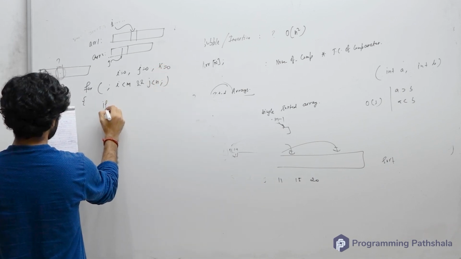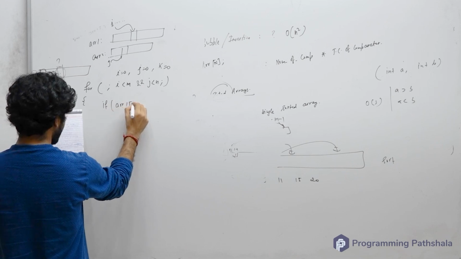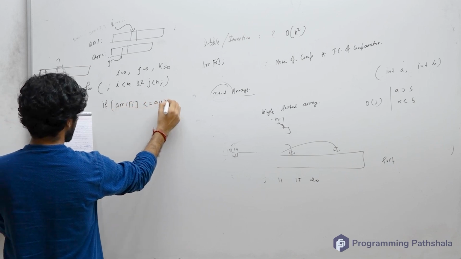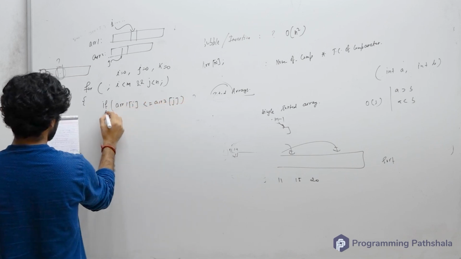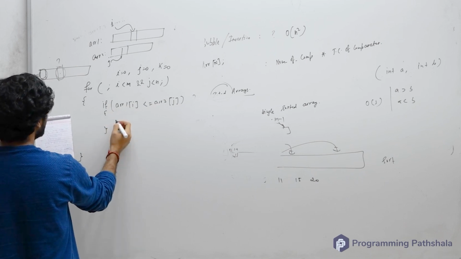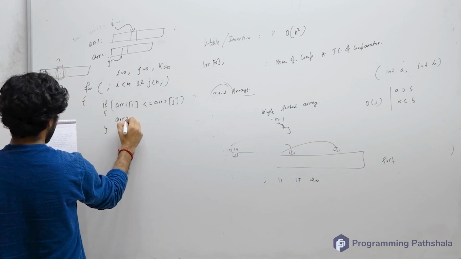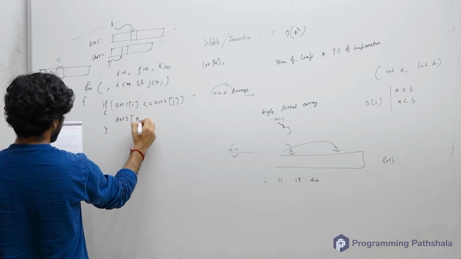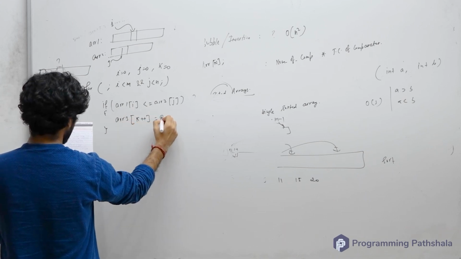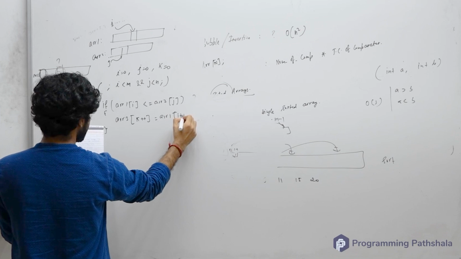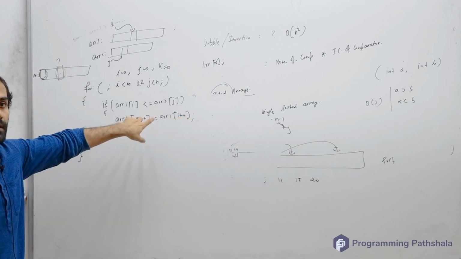And now what you can do is, if array 1 of i is smaller than or equal to array 2 of j, in this case what would you want to do? You would want to place array 1 of i over here. So you would say array 3 of k++ equals array 1 of i++. So this does three things at a time.